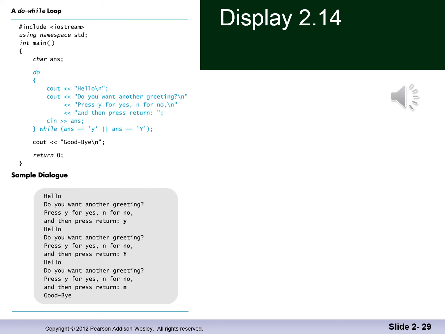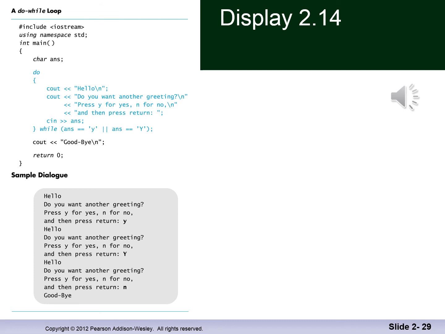Then we prompt the user with a cout statement: Do you want another greeting? Press Y for yes, N for no, and then press return. And then using cin, we accept the input from the user. Then there's the while statement, and there's the Boolean expression being evaluated.